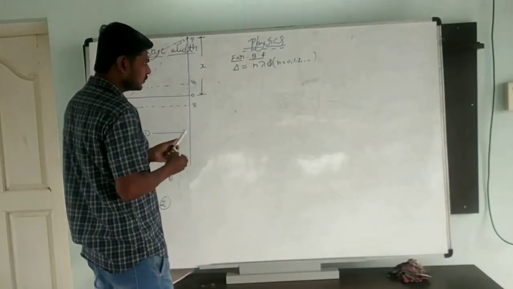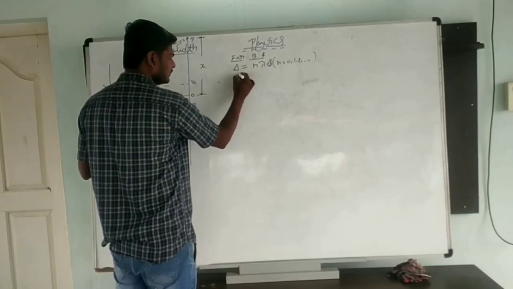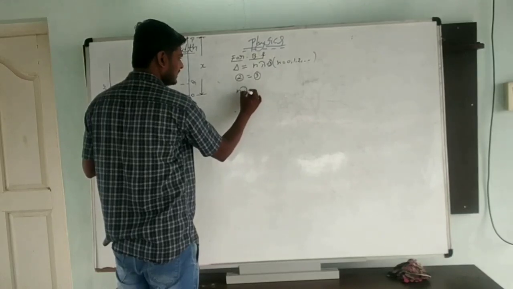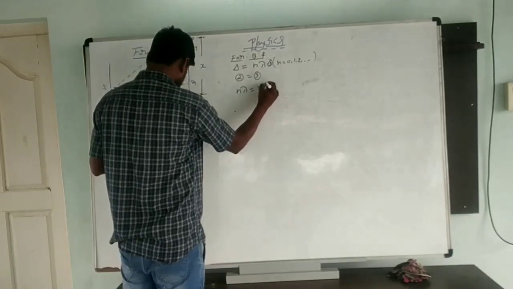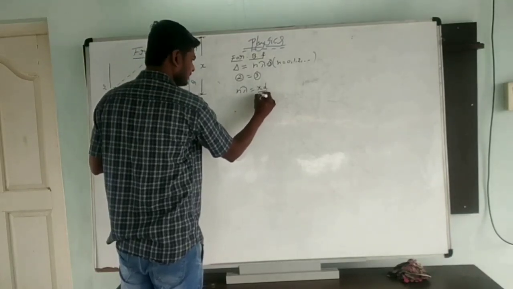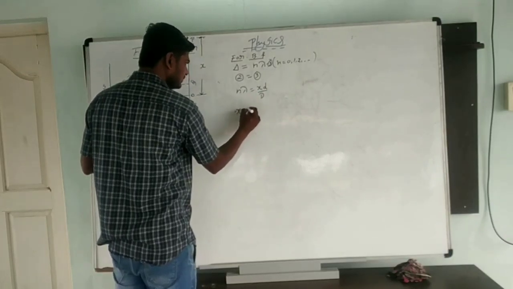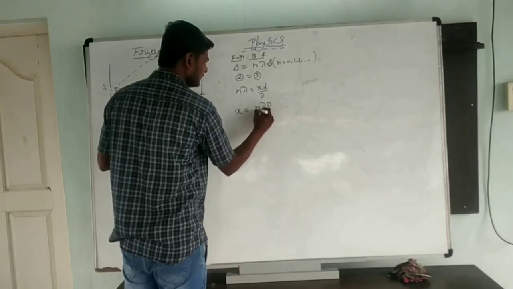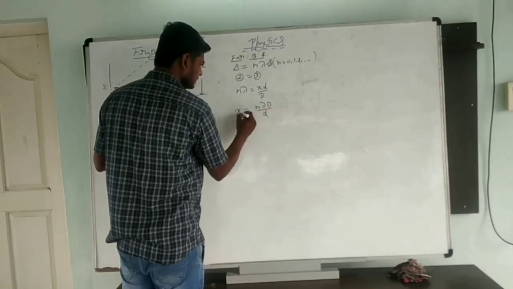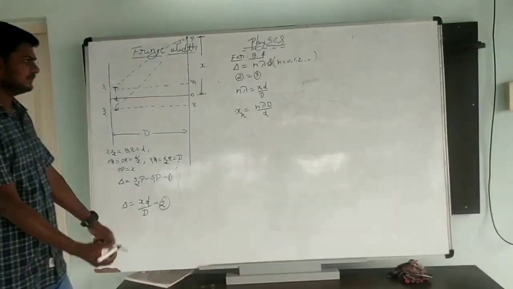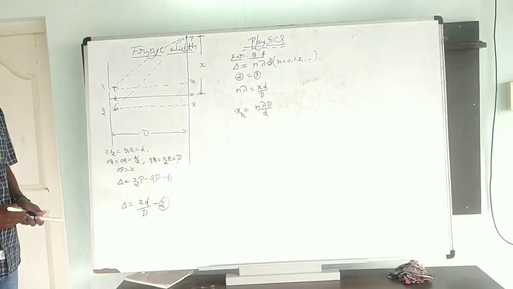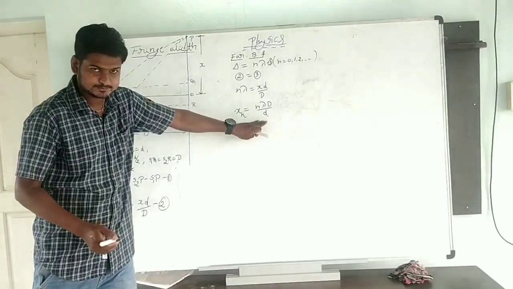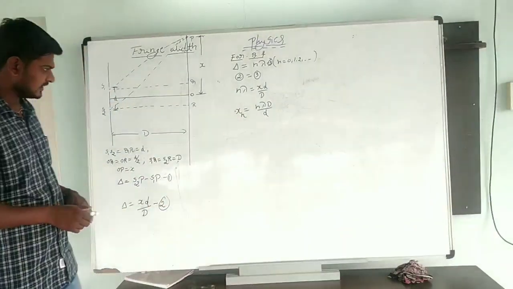When I equate equations 2 and 3, n lambda is equal to x small d divided by capital D. Now x is equal to n lambda D divided by small d. This is the distance of the nth bright fringe.